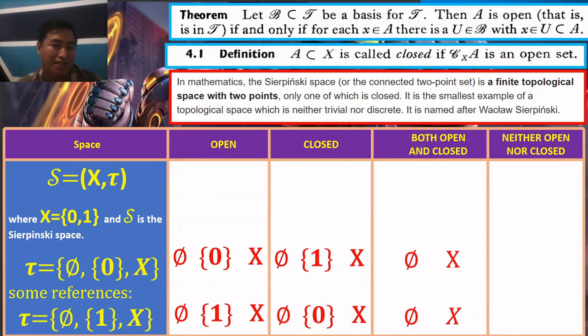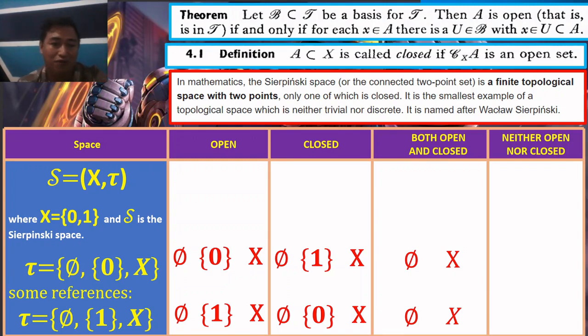Now, our Serpentine space, script S. We have this X where X is the set containing 0 and 1. Our first tau is equal to the set containing empty, the set containing 0, and X. There at the top, bordered with red: in mathematics, the Serpentine space or the connected two-point set is a finite topological space with 2 points, that is 0 and 1, only one of which is closed.